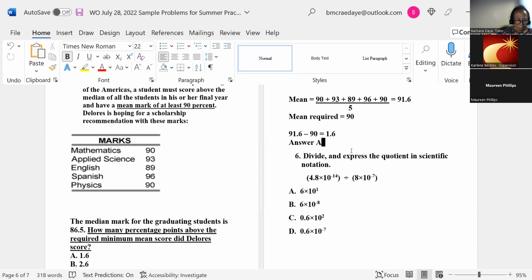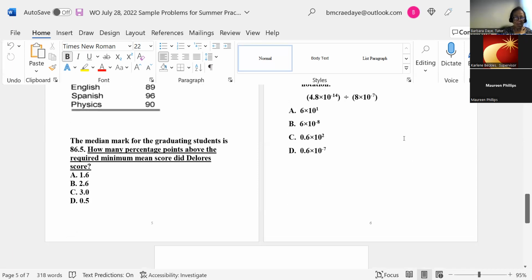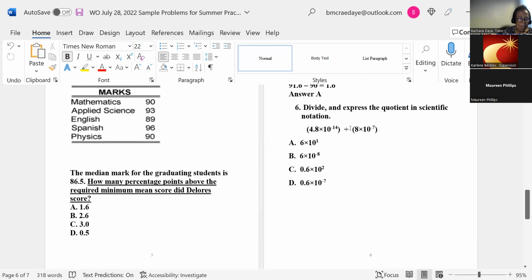So if you divide that, you get 0.6. Times 10 to the what? 10. Okay, so you divided 4.8 by 8.